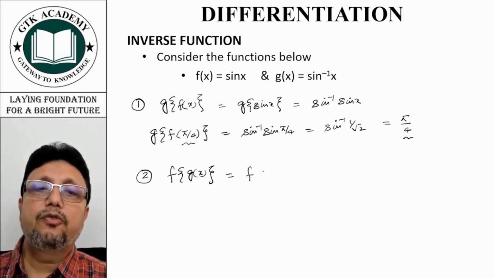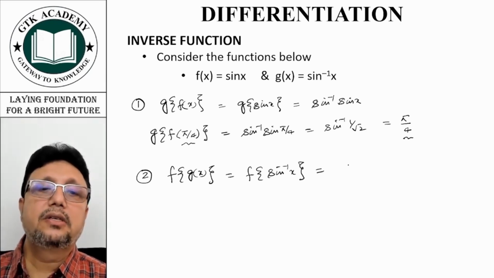So that is f of g of x, where g of x is sine inverse x. Now f is sine x, so sine of sine inverse x.